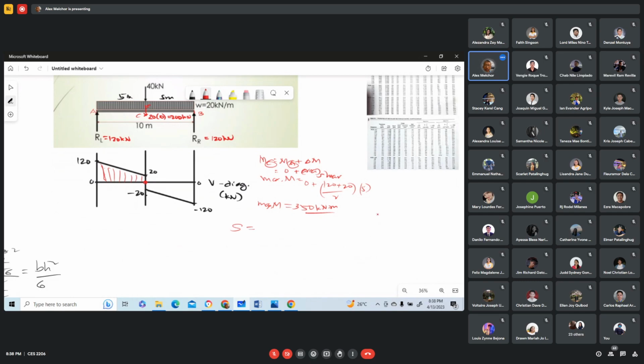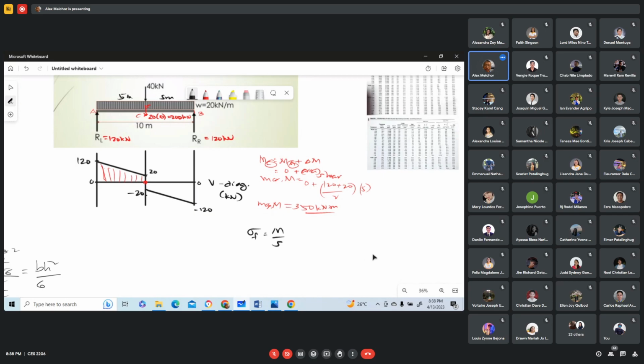What is that section modulus again? I over C, right? From the equation, the flexural stress is equal to M over S.